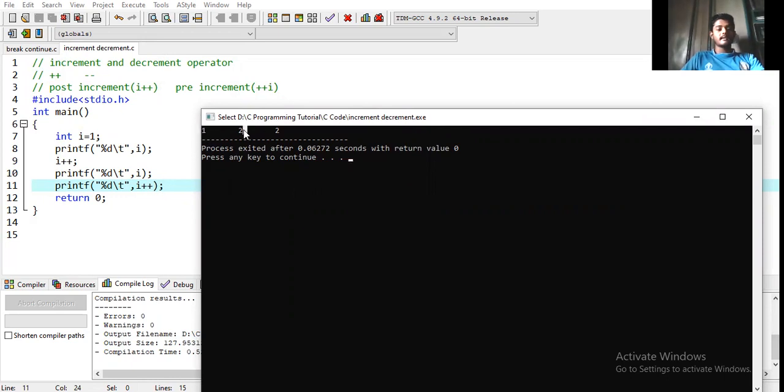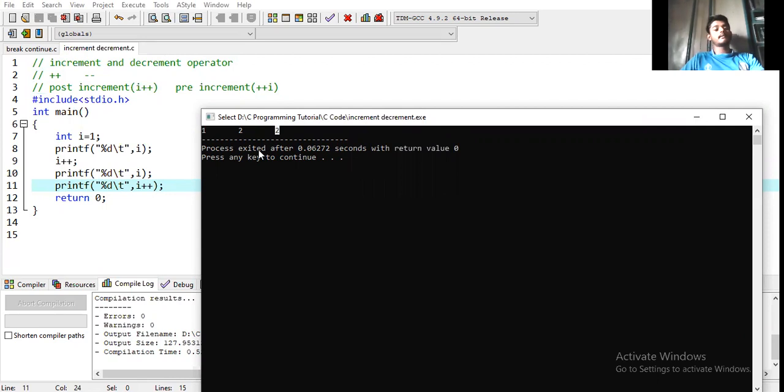At this moment, I have incremented i plus plus, so i is now 2. Then printf %d i plus plus. As we have used the post-increment operator, the value of the variable will be used first. As i is equal to 2, that's why 2 is printed here.